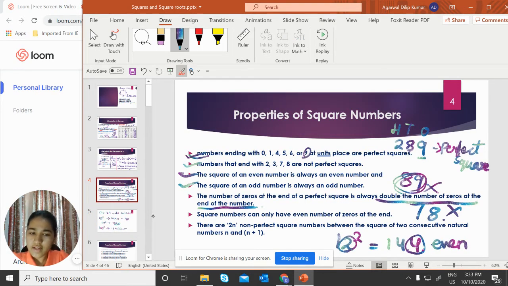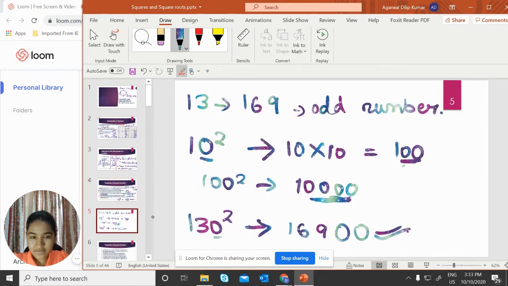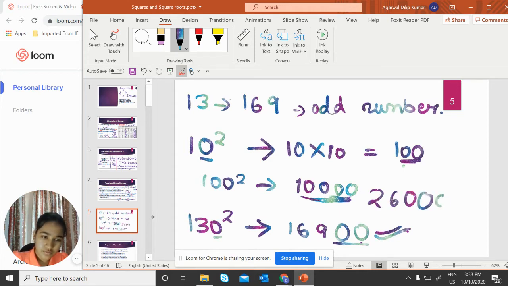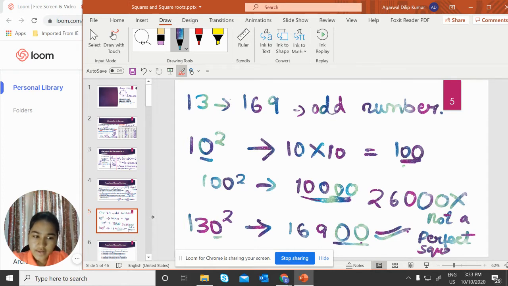Next. Square numbers can only have an even number of zeros at the end. So the number of zeros at the end is always even. Now 2600 with 3 zeros is not a perfect square. The reason is very simple.